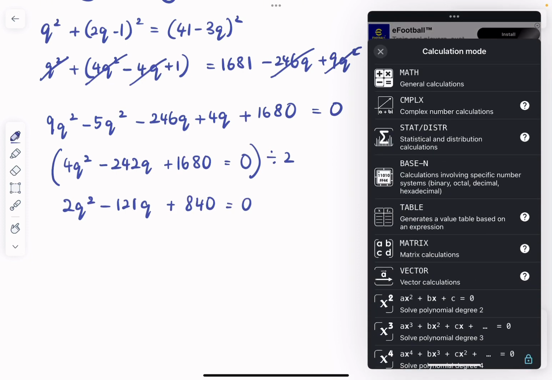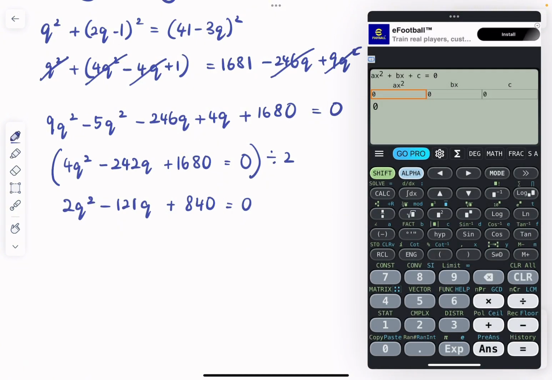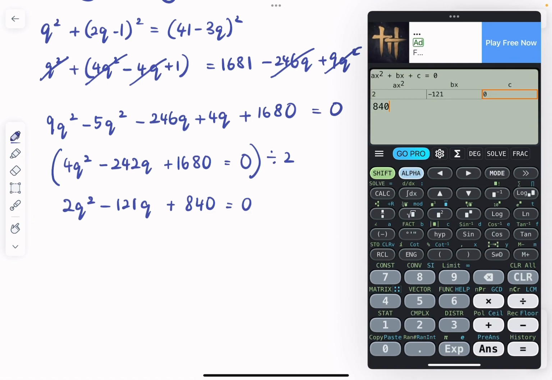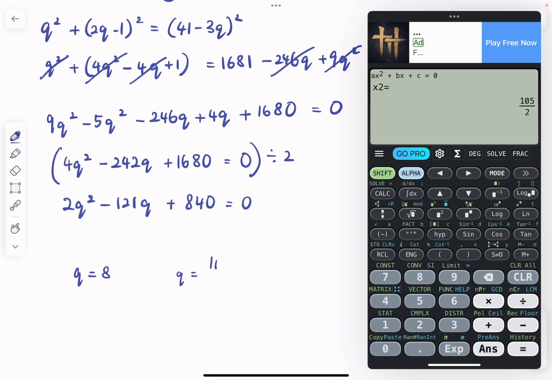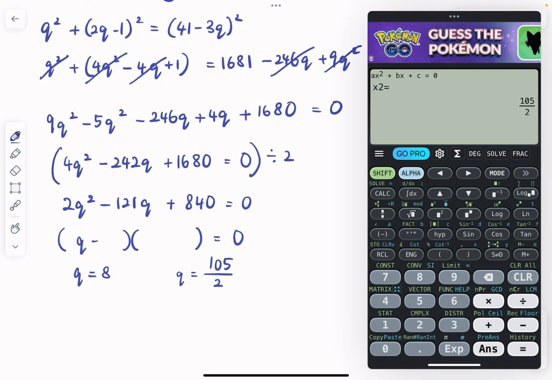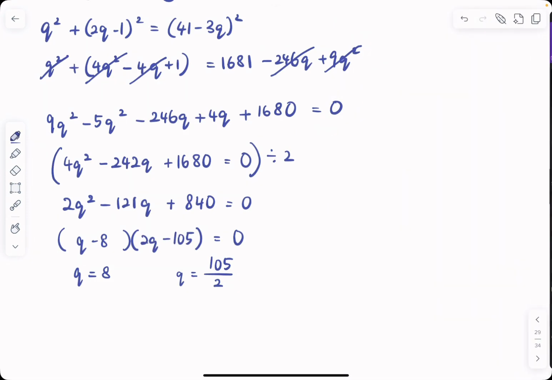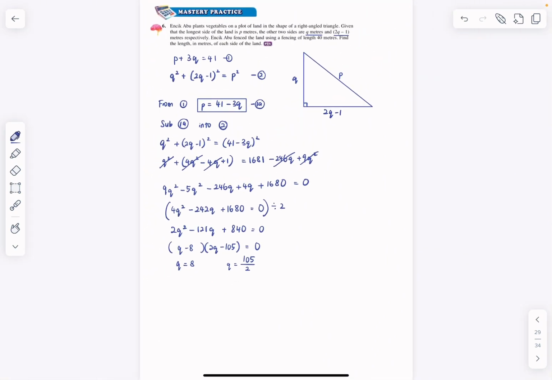Now we can factorize. a is 2, b is negative 121, c is 840. So we get q equals 8 and q equals 105/2. So these are our two possible values of q.